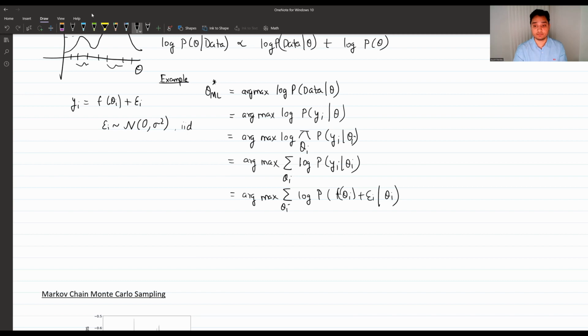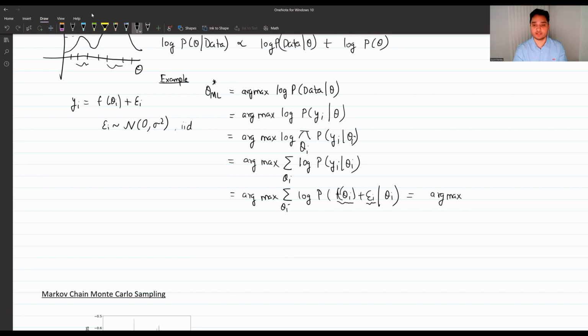Now, since the parameter value is given to us, this does not matter anymore, and this probability will be exactly equal to the normal distribution that we know for epsilon_i, the noise.